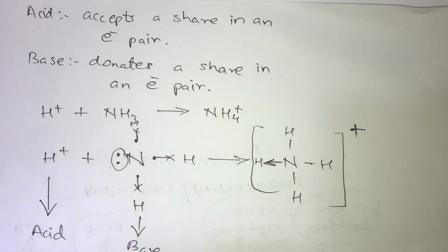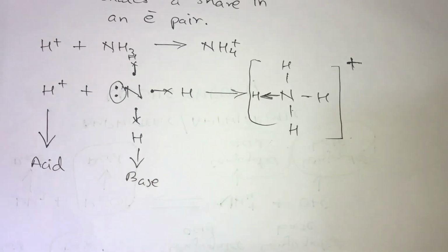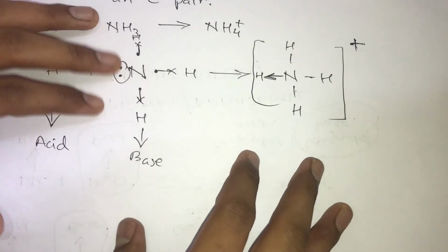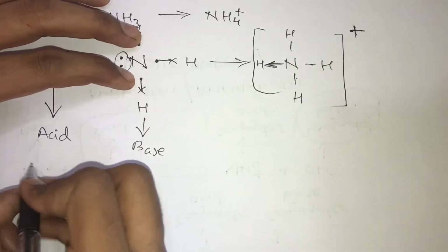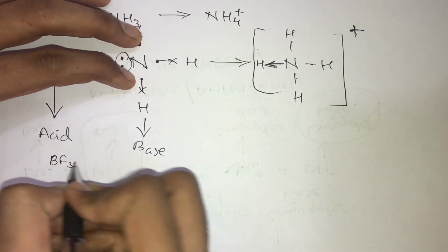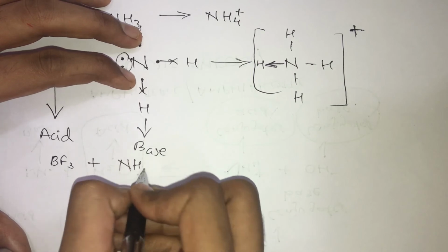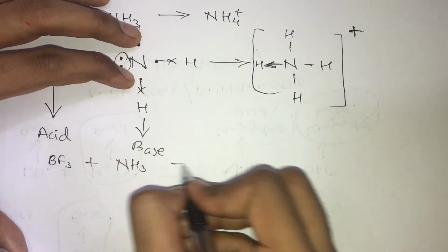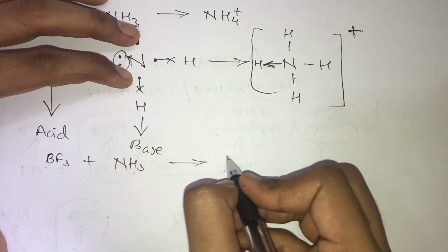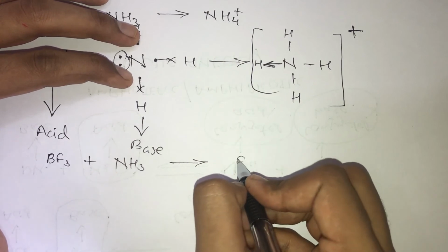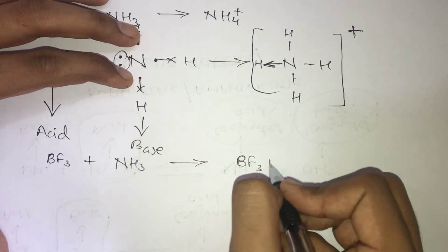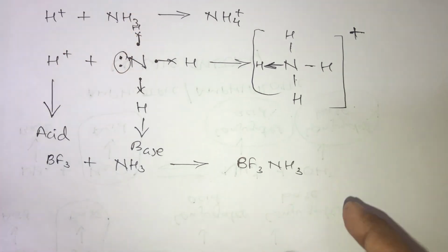Now, moving on, let's understand another example where BF3 combines with NH3 to give us BF3 and NH3. Now let's see how.